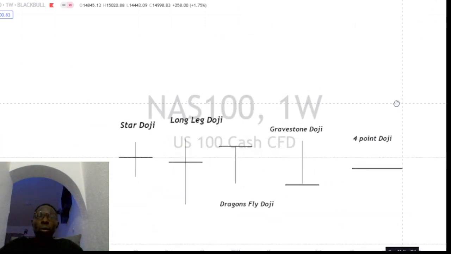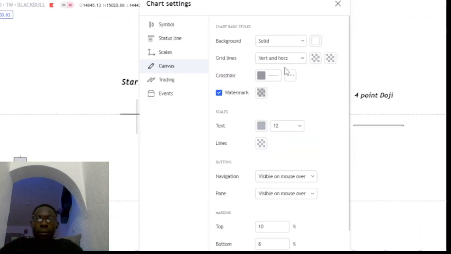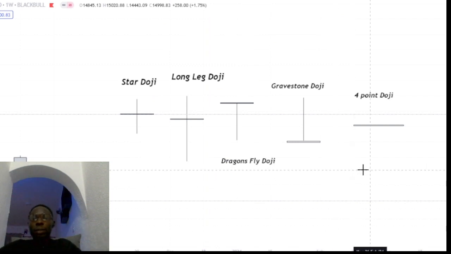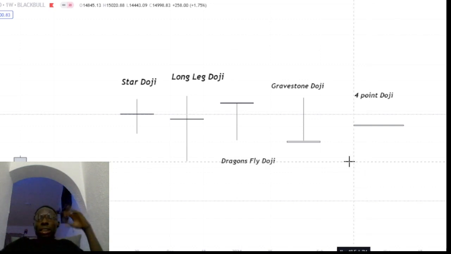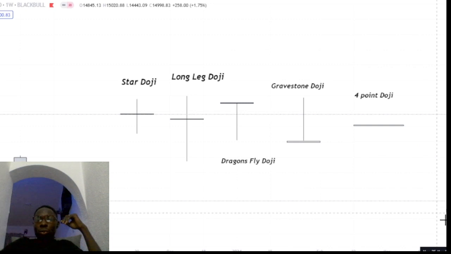So here are the five dojis. Now let's quickly dive into the psychology behind them. I will take my time to explain them soon.